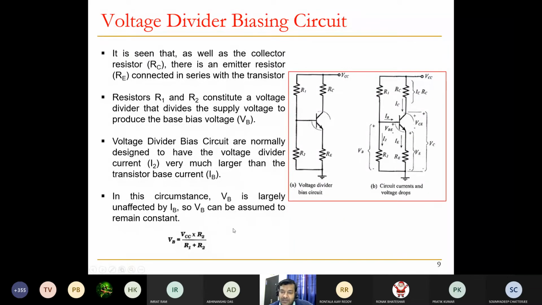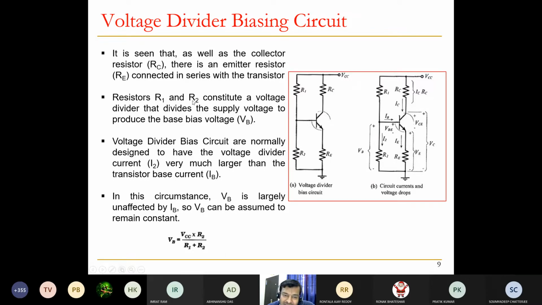VB is divided from VCC. So that's why it is called a voltage divider: VCC is the power supply, we are considering this current I2, and VCC times I2 divided by the total resistance in this part, that is R1 and R2.